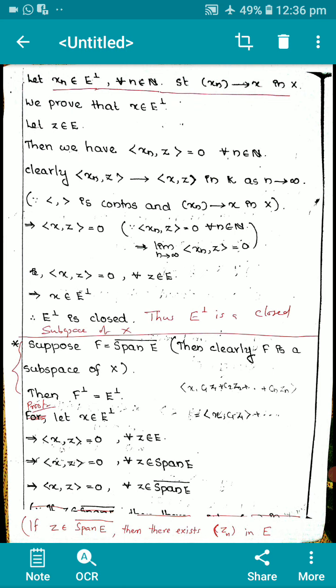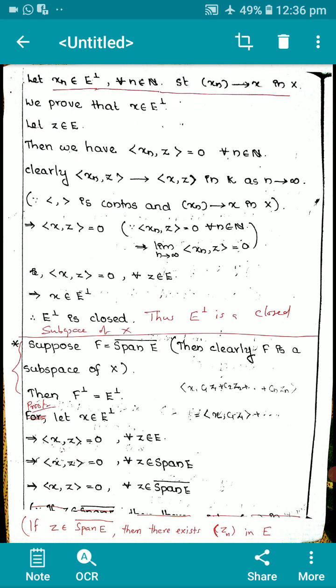We prove that x is in E perp, that is, this limit is again in E perp. A sequence is taken, its limit again in E perp. Choose z in E. Then we have inner product xn z is 0, and inner product xn z converges to inner product xz as n tends to infinity, because the inner product is continuous and the sequence xn converges to x. That is our assumption.